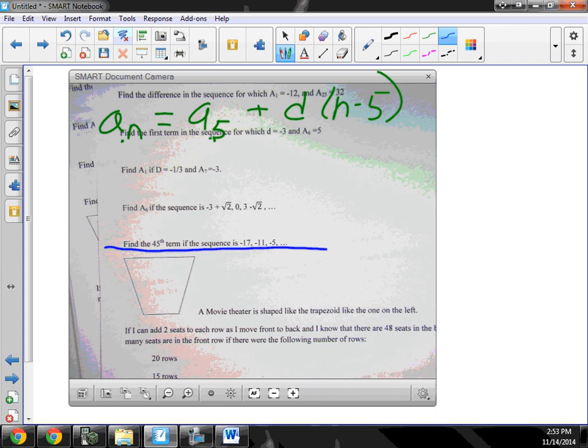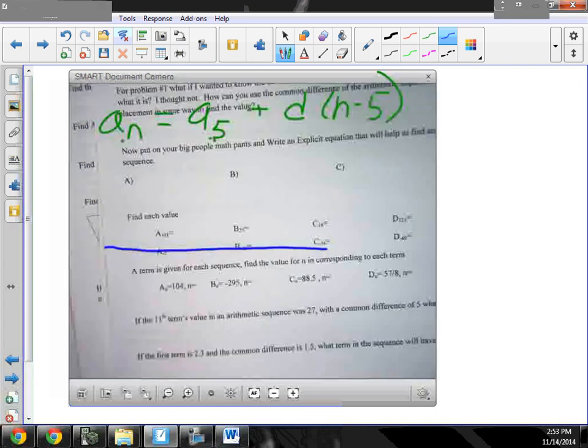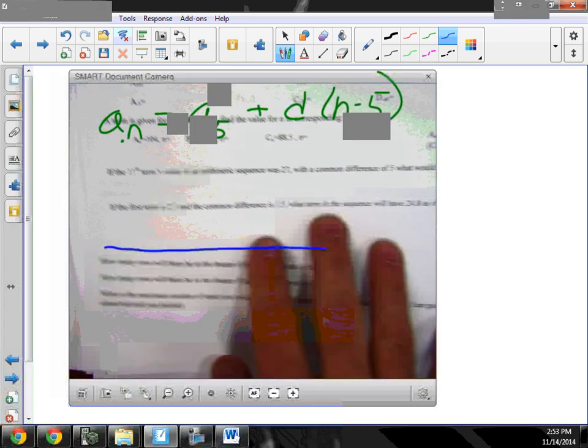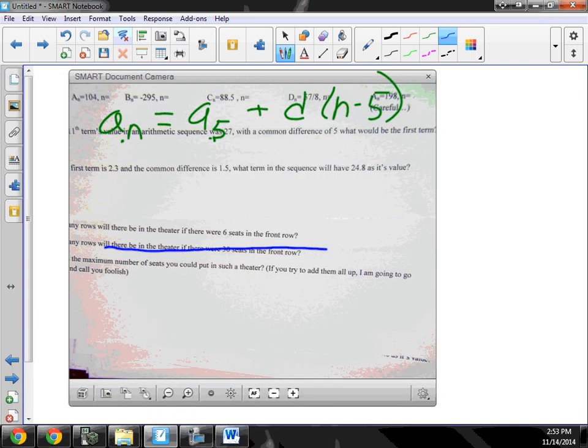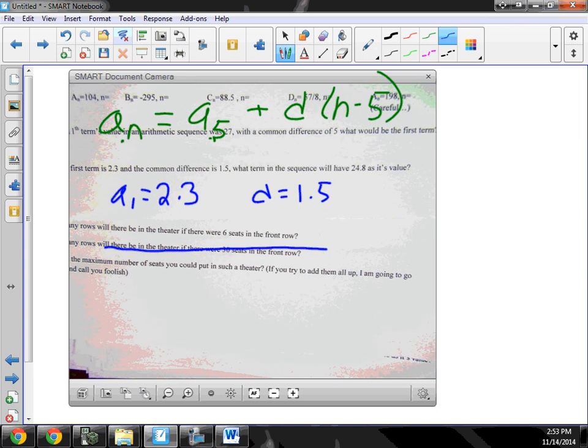Oh, did you guys want to talk about what you got for the last one on the first page? So a sub 1 is 2.3, d is 1.5. So what does n equal when a sub n equals 24.8?